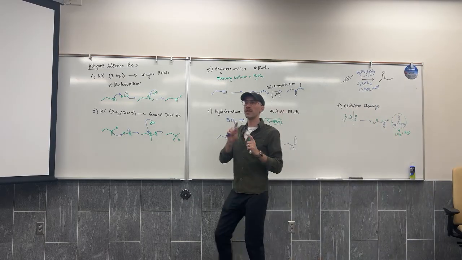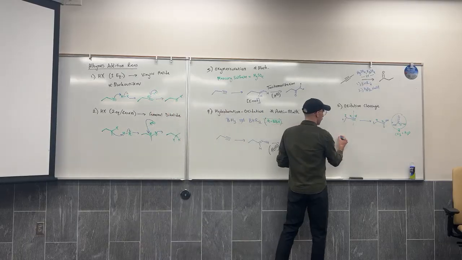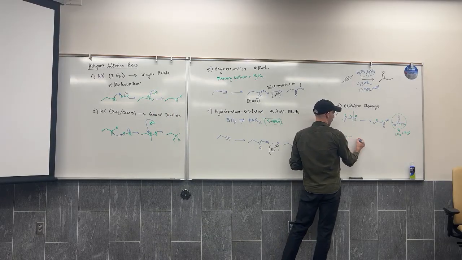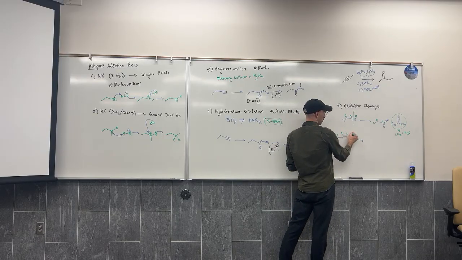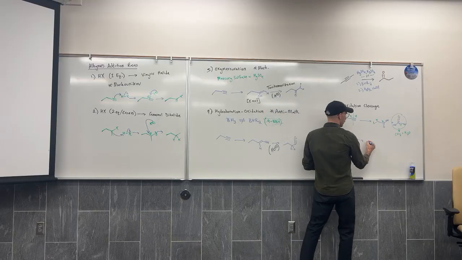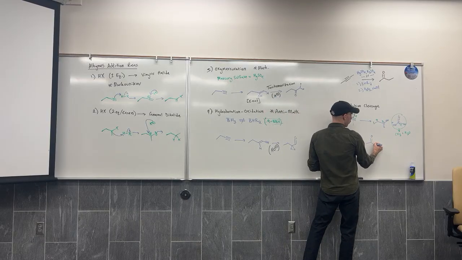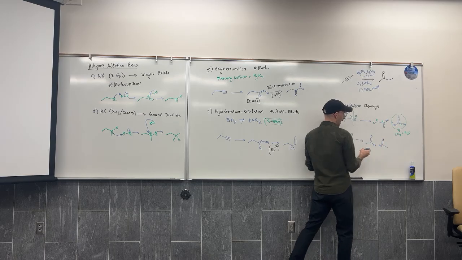So I want to show you, that's what happens with a terminal alkyne. What changes if you have an internal alkyne? Well, we still have that cleavage between the two carbons of the alkyne, but this time, since there's no terminal carbon, there's no carbonic acid.